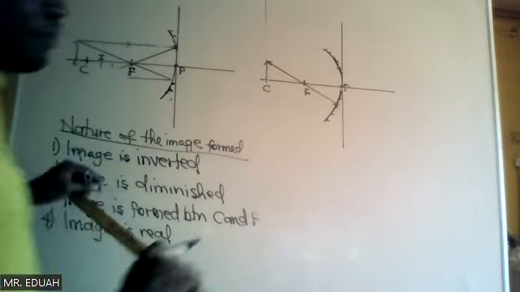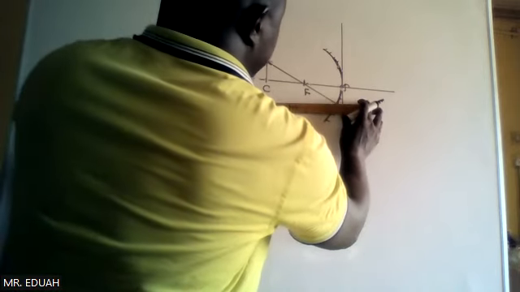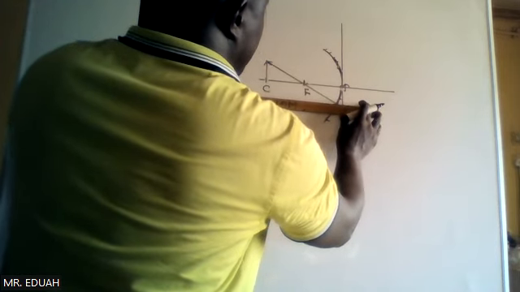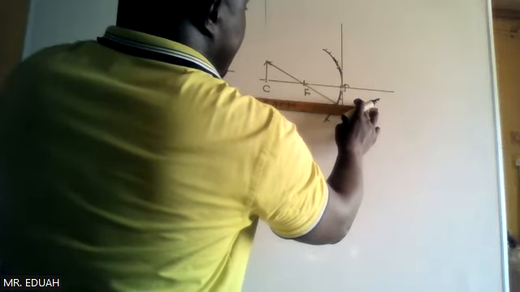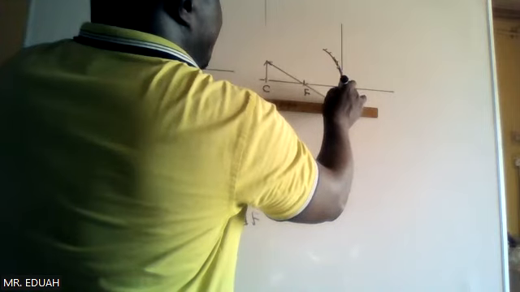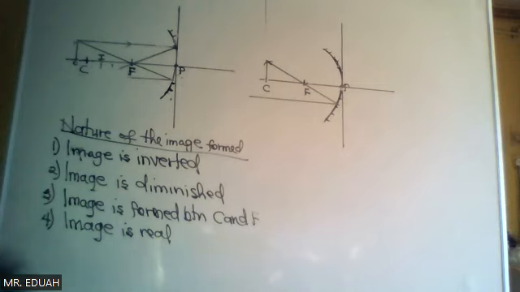So if the ray passes through the principal focus, after reflection the reflected ray must be parallel to the principal axis. And here you must be careful, especially if you are using a blank space, as I'm doing. There are no rulers or grid lines.